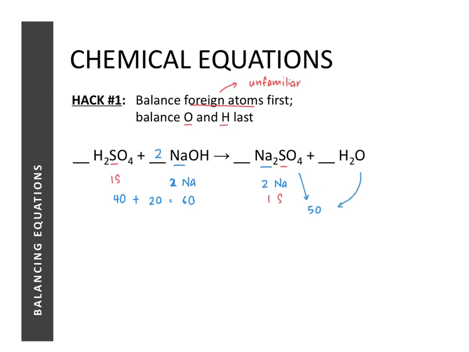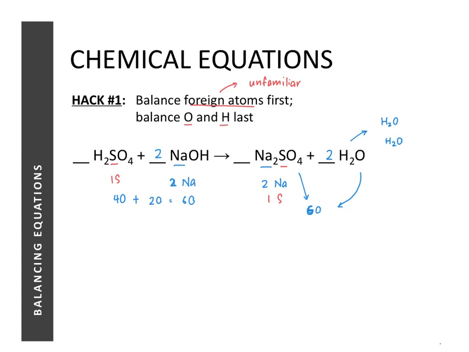So how do we make the number of oxygen atoms balanced? By putting a number in front of one of your products. Which one do we want to put it in front of? We can put it in front of water. Once we put it in front of water, it means that we have 2 water molecules, and that would bring us to 6 oxygen atoms. So we are done with balancing the number of oxygen atoms.